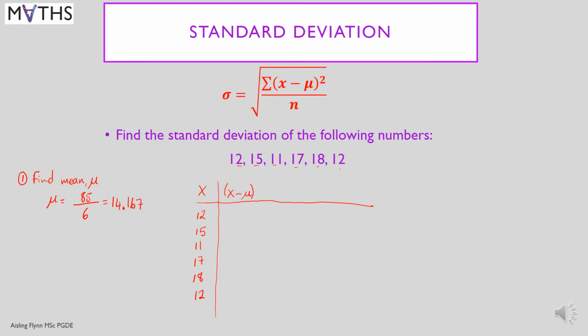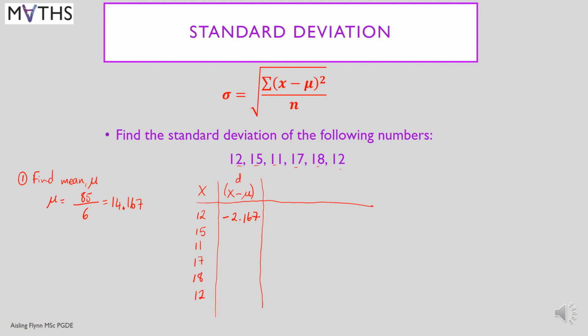So x take away mu, and we'll call this d, difference. For each case, and bear with me, and you can try it on your calculator, I'm going to do x minus mu. So the first one, for example, I'll do 12 minus 14.167. And what I get here is minus 2.167.